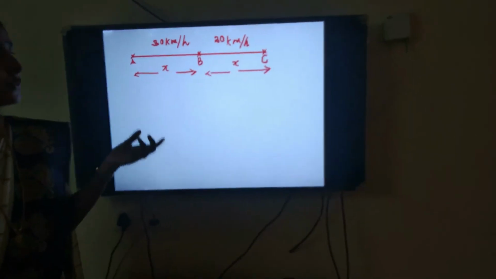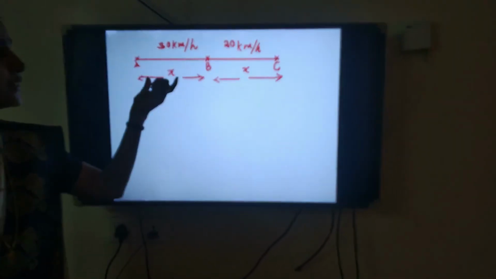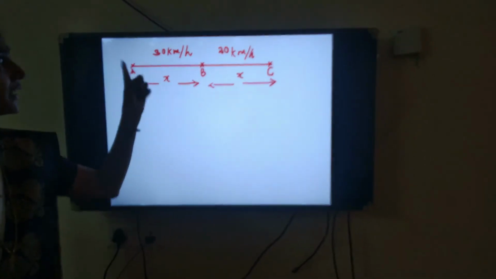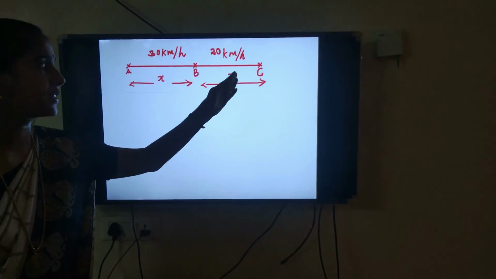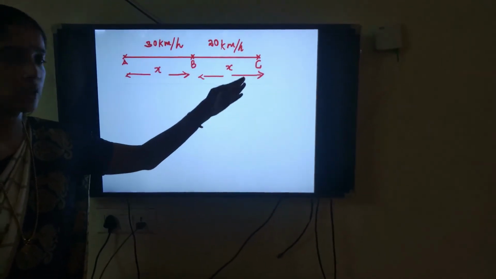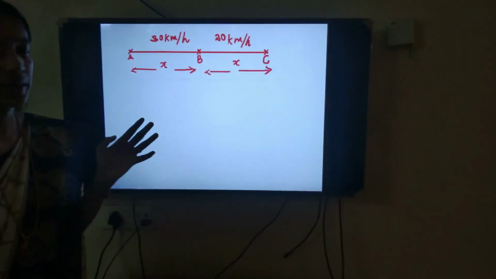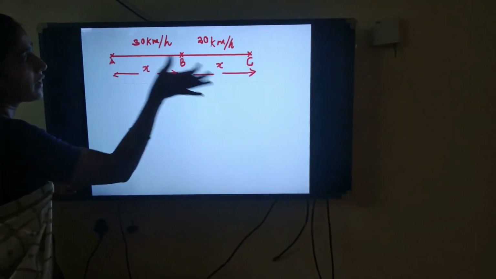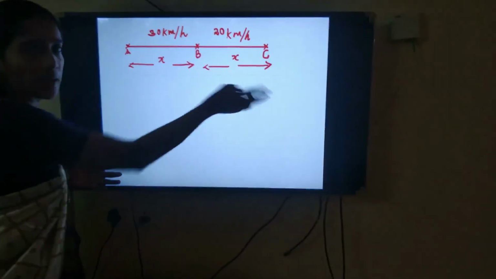Like I will show you one question now. Suppose the question says a person travels from A to B a distance of 20 km with an average speed of 30. Then he travels from B to C the same distance, 20 km, with a different average speed of 20 km per hour. See, the distances are equal and the same distance is covered with different average speeds in different time intervals.